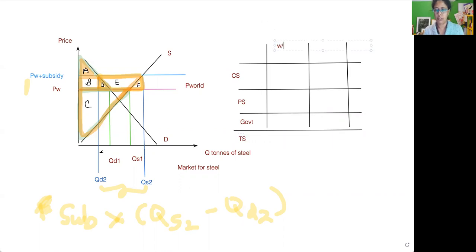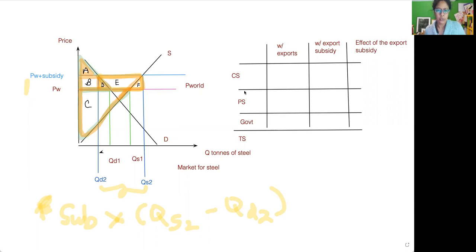And we start off with exports. And the policy that we're evaluating is an export subsidy. And then our last column is the effect of the export subsidy.